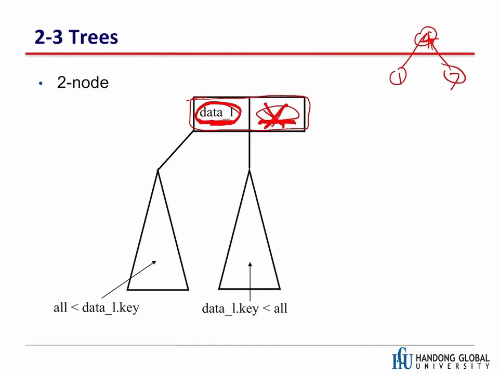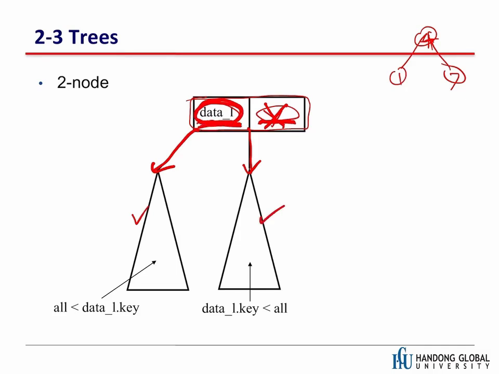If it is a 2 node with 1 data, then we have 2 pointers. In this subtree, all the keys are smaller than the key of this node, and all the keys from this subtree are larger than the key of this data.